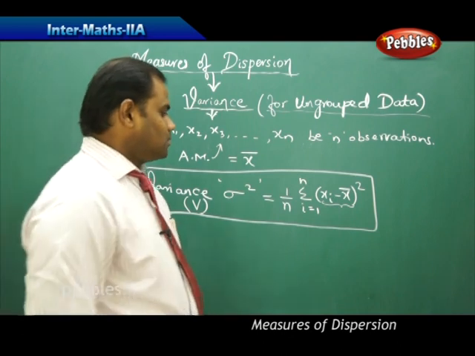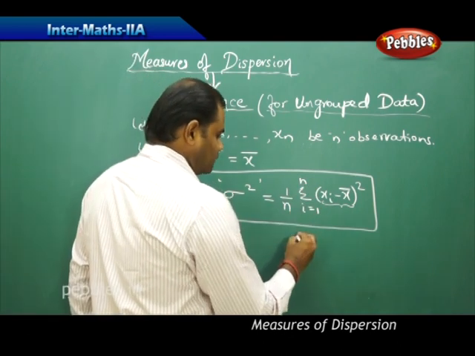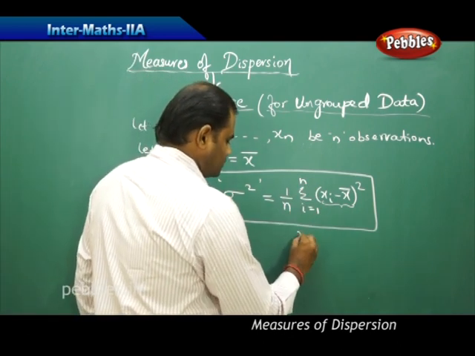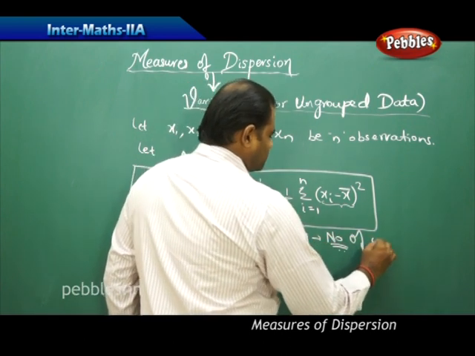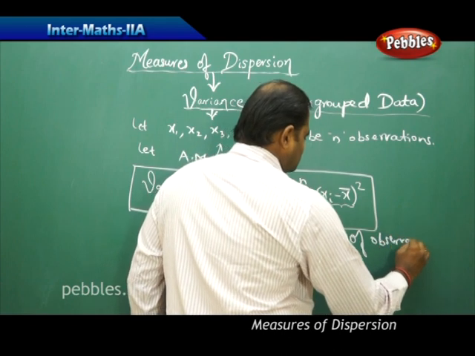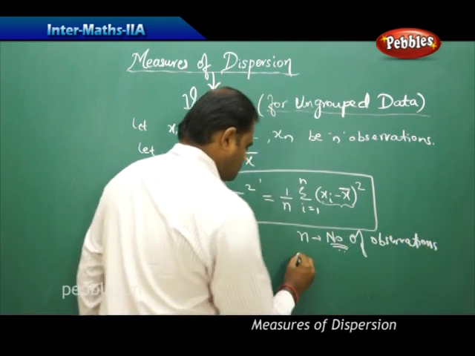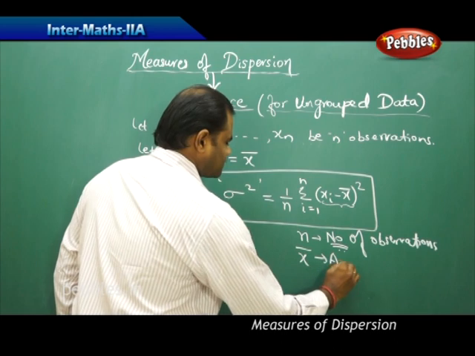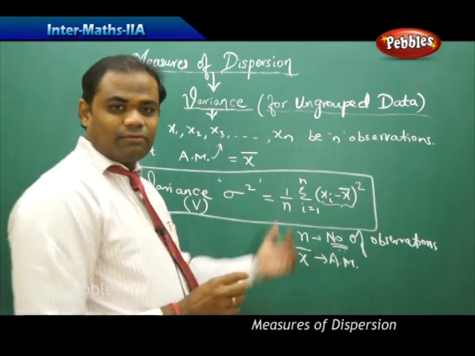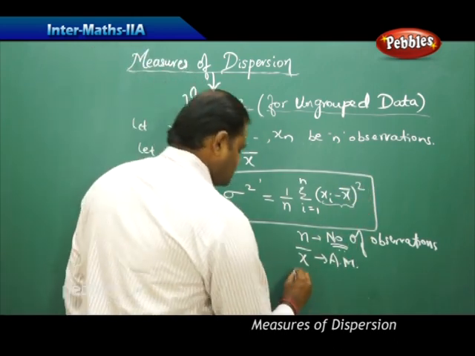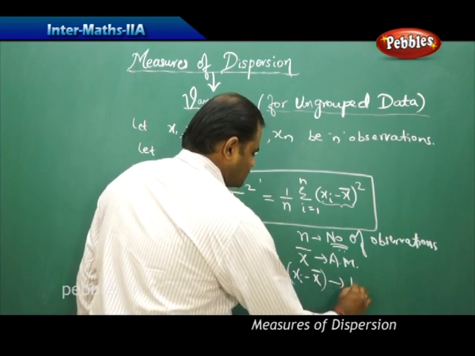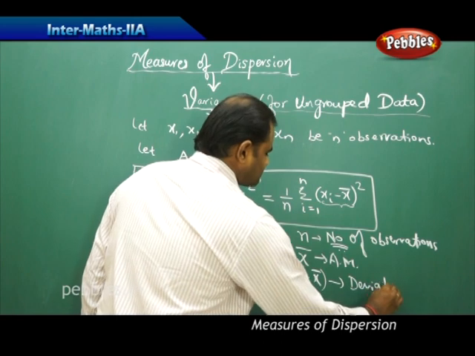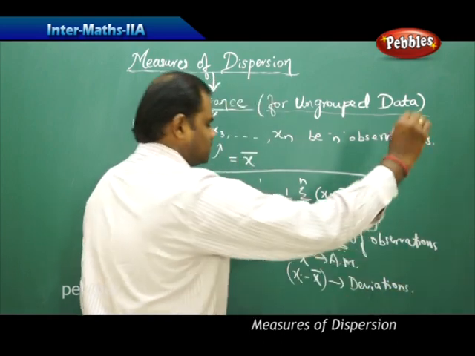So we just derive this where n is the number of observations, x bar is the arithmetic mean of all the observations, and xi minus x bar are all the deviations which we consider.